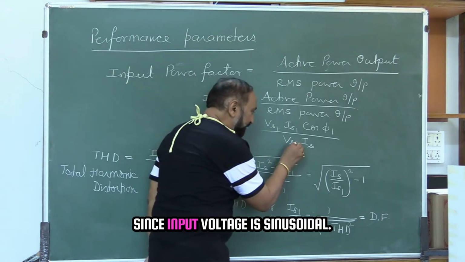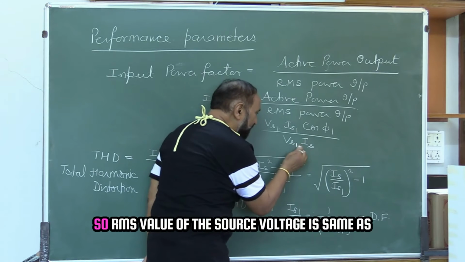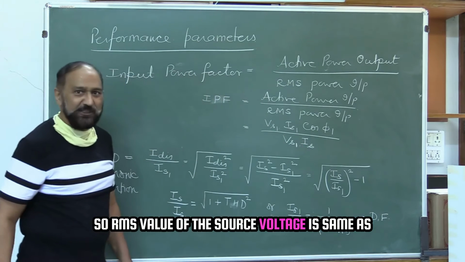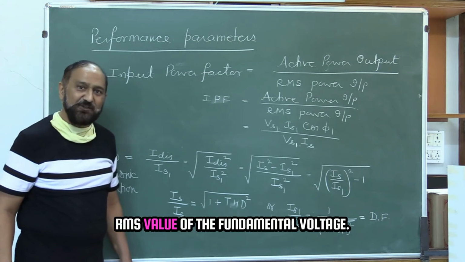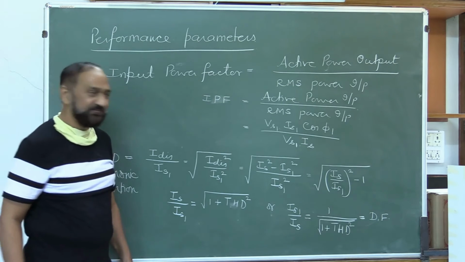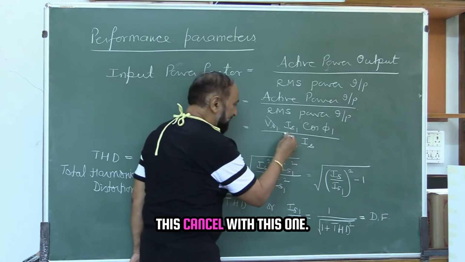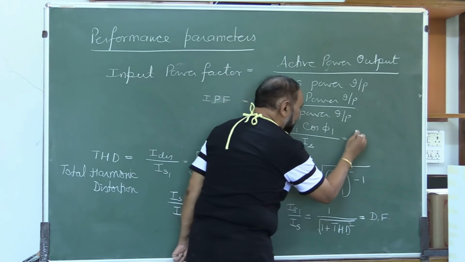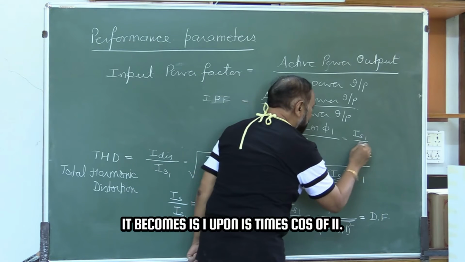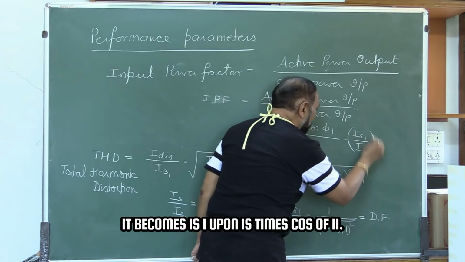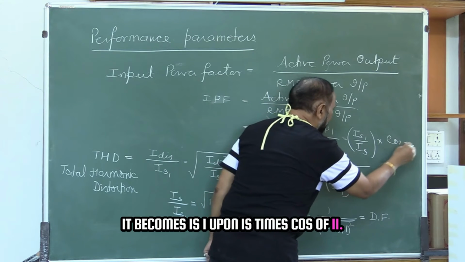Since input voltage is sinusoidal, the RMS value of the source voltage is the same as the RMS value of the fundamental voltage. This cancels with this one. It becomes IS1 upon IS times cos of phi 1.